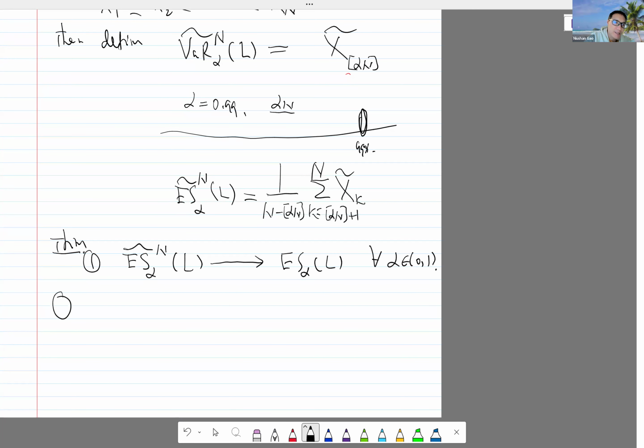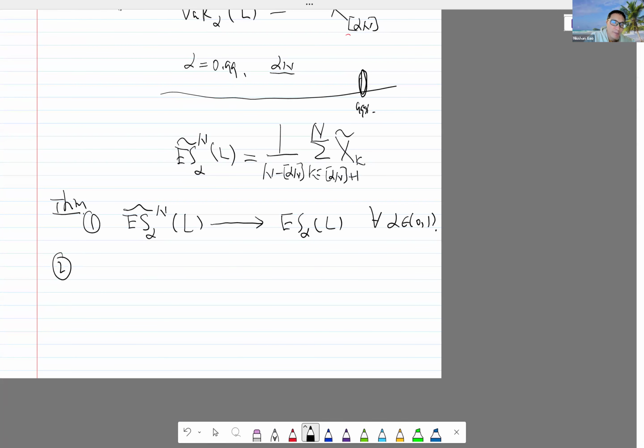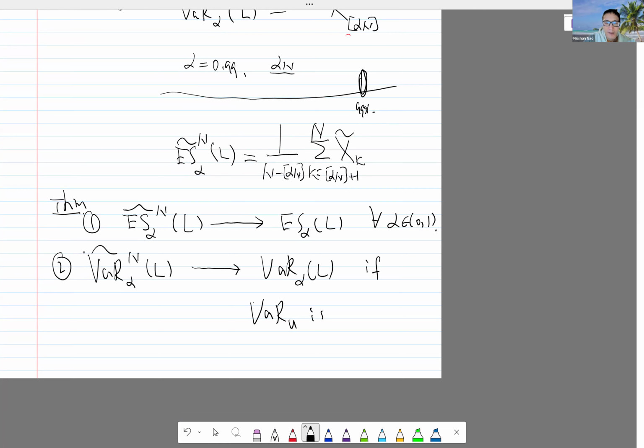But for value at risk, it may have a problem. Value at risk alpha tilde converges only under a condition: if value at risk is continuous at alpha. If it is not continuous there, you have problems.